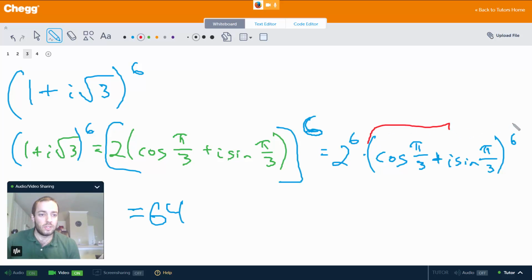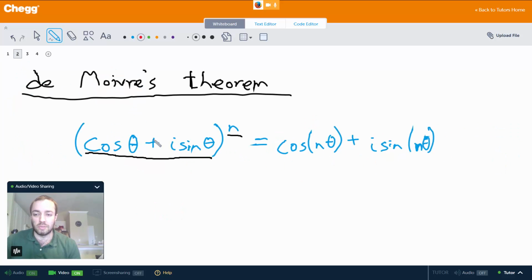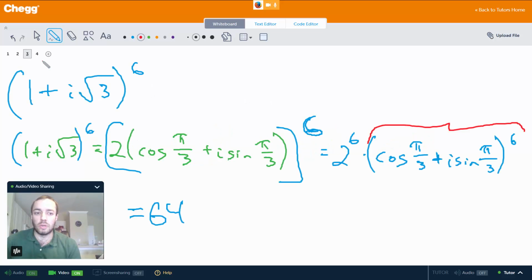Well, notice this is exactly in the form that we need it to be in, so that we can use DeMoivre's theorem. So DeMoivre's theorem says cosine of theta plus i sine theta all raised to the n equals cosine n theta plus i sine n theta. Well, we have exactly that right here with theta as pi over 3, and n is 6.